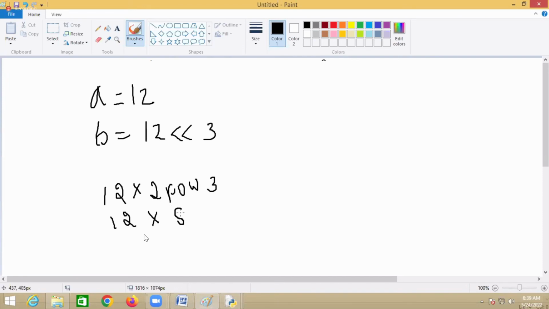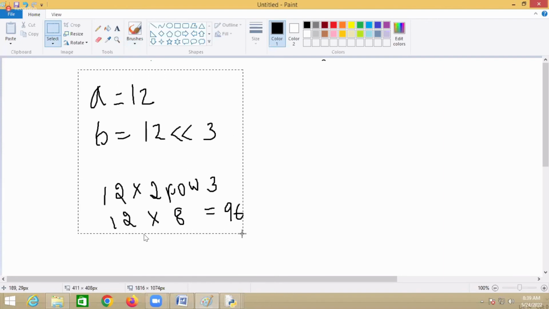12 into 8 is 96. Is the value incremented or not?